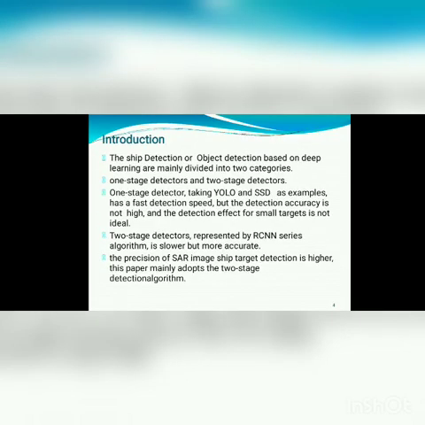Now the introduction of ship detection. Object detection based on deep learning is mainly divided into two subcategories: one-stage detectors and two-stage detectors. One-stage detectors include YOLO and SSD, for example.